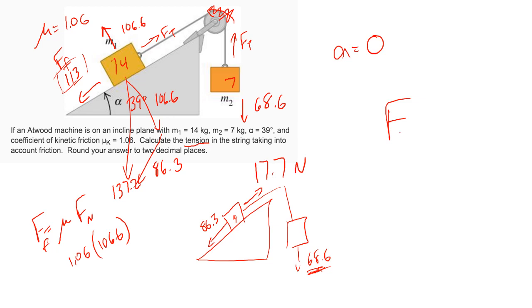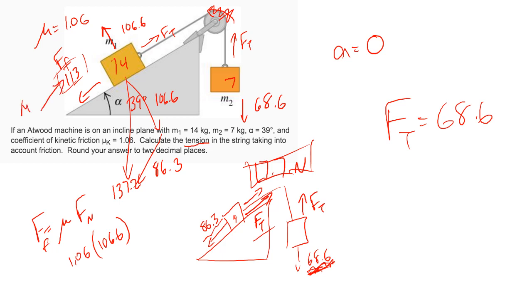The force of tension is going to be your 68.6, because it's pulling up this one at 68.6, so it's not moving, and it's pulling this way at 68.6 because 17.7 plus this is going to equal 86.3, and this isn't moving. So this is how much force the friction is actually pulling, because remember, this is the max amount.